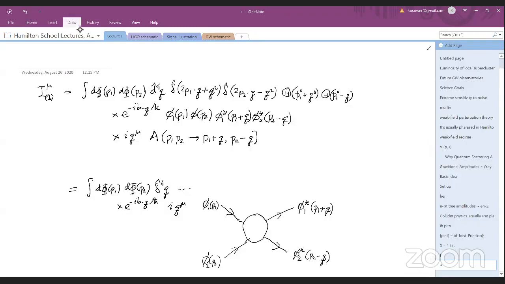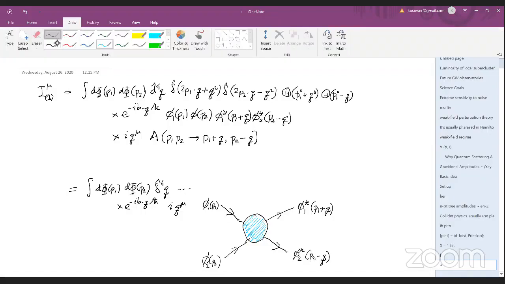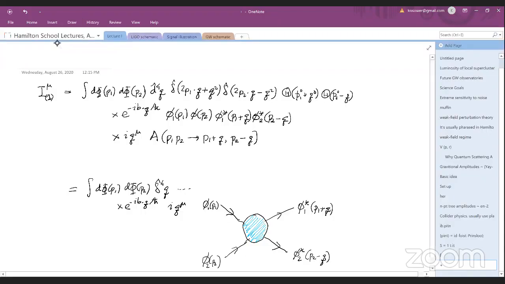And again, I will emphasize that this is in principle to all orders in perturbation theory. So if you want to think of this diagrammatically, you should be thinking of this as a sum that includes the tree and loops and two loops and so on and so forth.